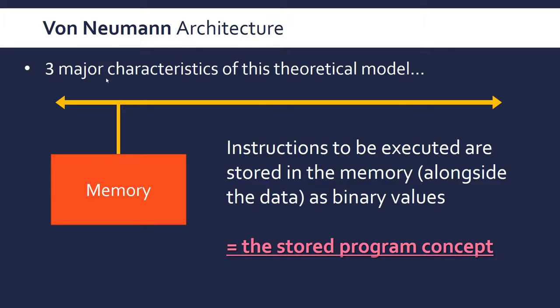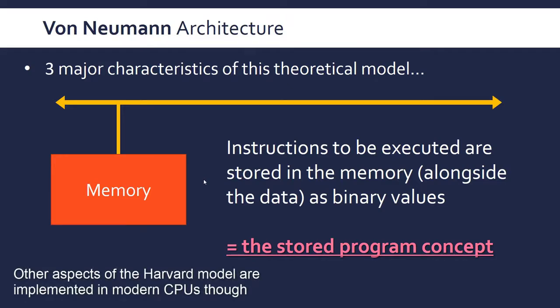Again, this is often attributed to von Neumann, perhaps unfairly to the people who actually did it, because I think he was very famous. But this contrasts with another model which isn't really used in modern computers, and this would be the Harvard model. In the Harvard model there are basically two different memories, one for the instructions and one for the data, but we don't use that, so we're not going to worry about that too much.